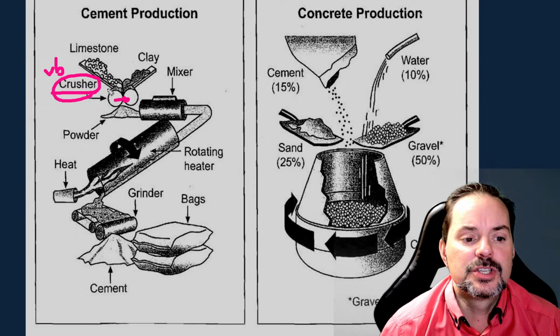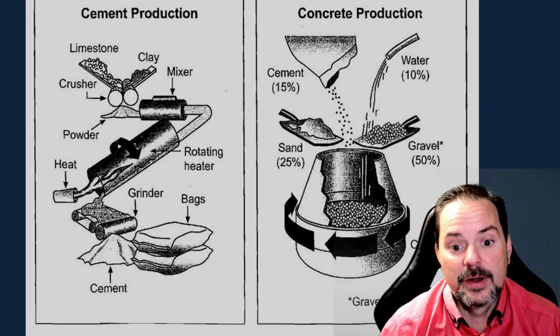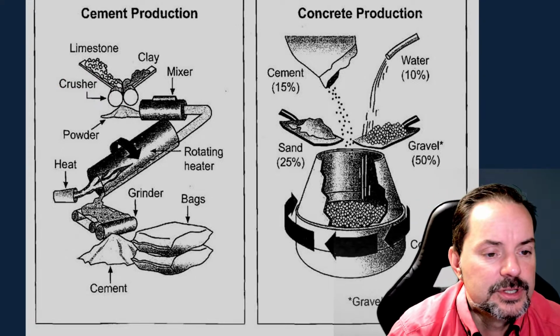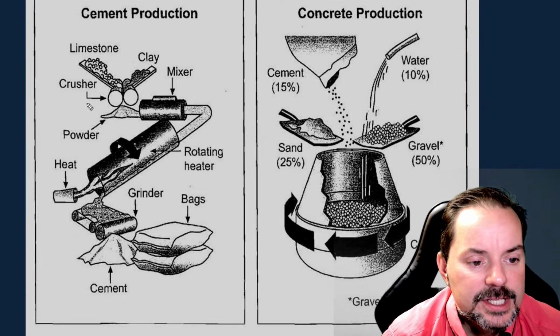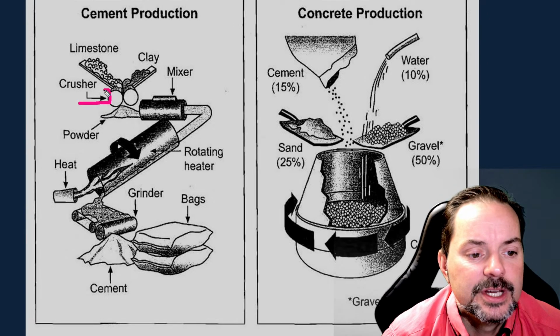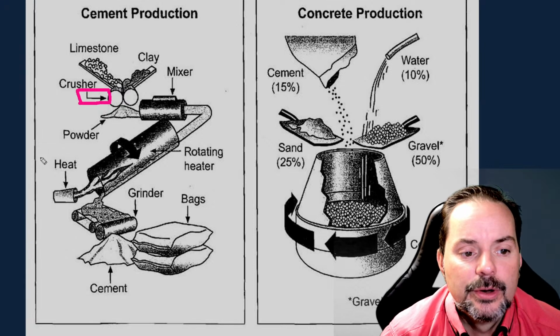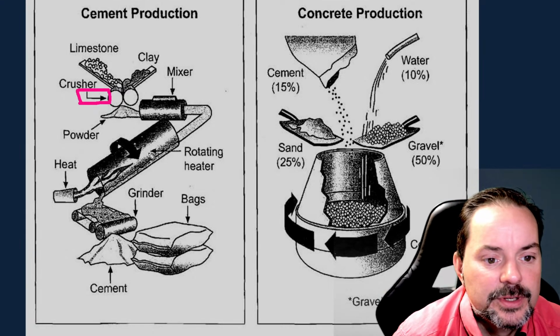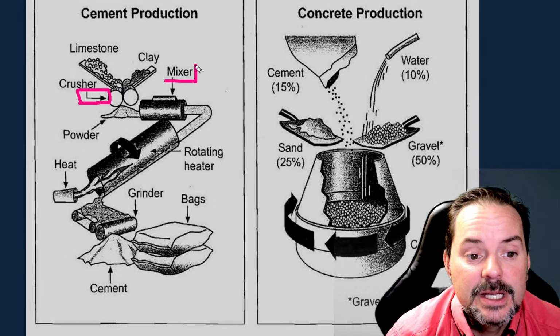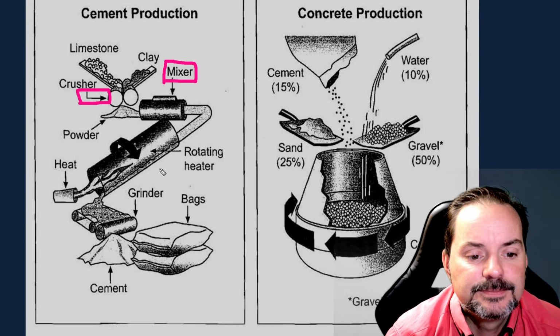Then we have a mixer, and one good way to figure out how many steps or stages there are in the process, look at the number of arrows here. Okay, so the crusher crushes the limestone and the clay. The mixer mixes these ingredients.